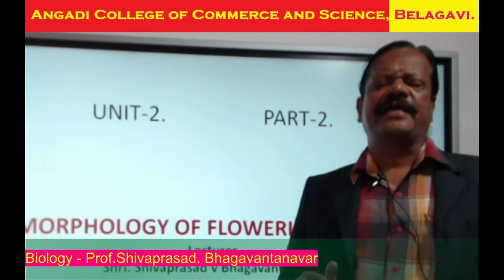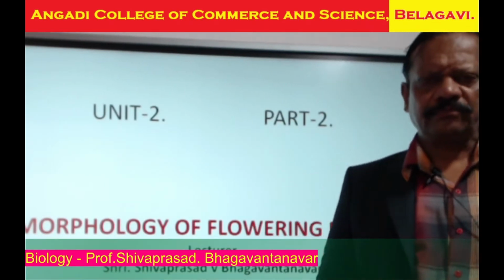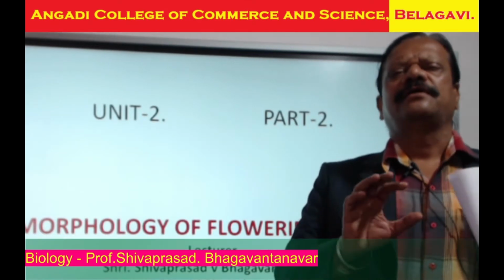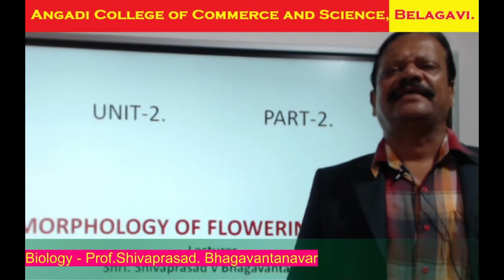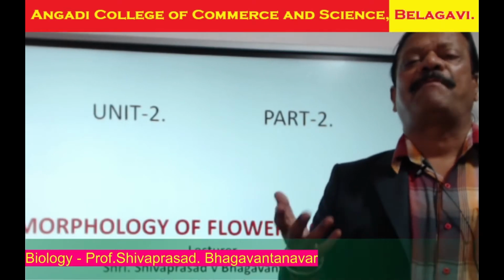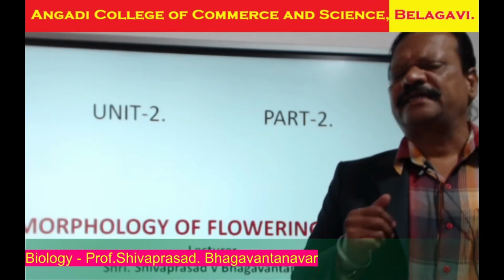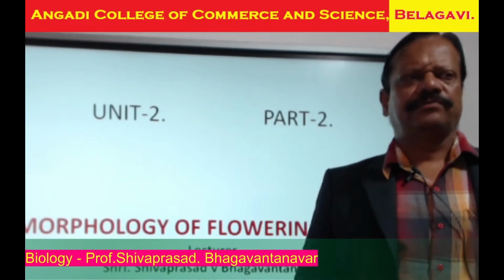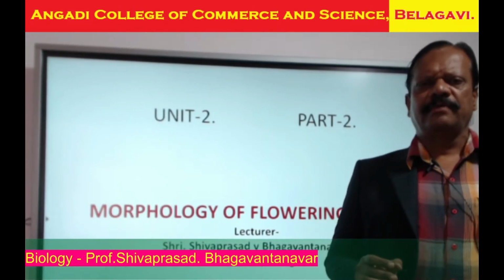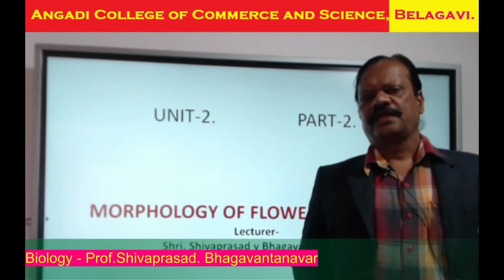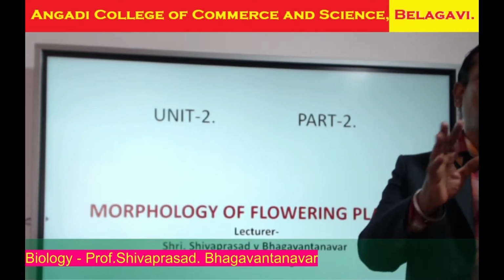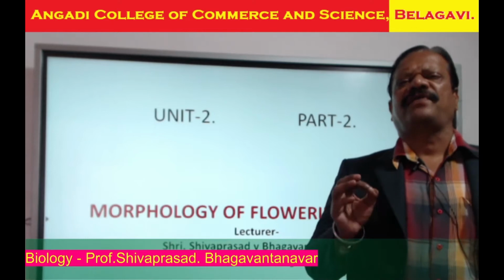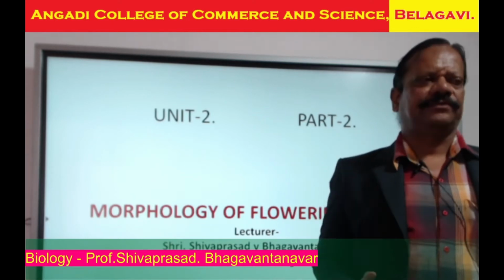Now when you are taking a typical flower, the typical flower is having different florets, or you may say it as the flower parts. First of all, the calyx, corolla, androecium and gynoecium. If suppose these four whorls are present, then we are calling the flower as the complete flower.